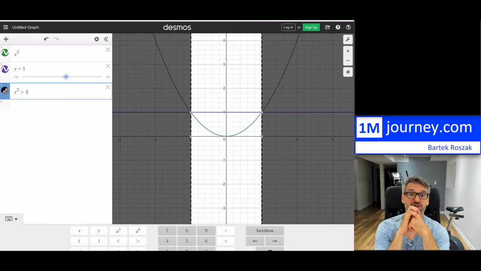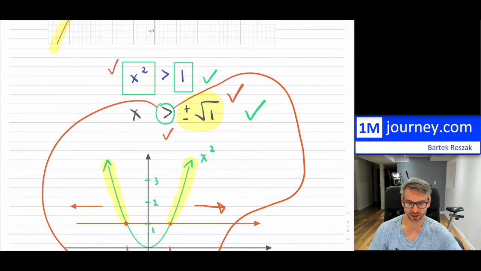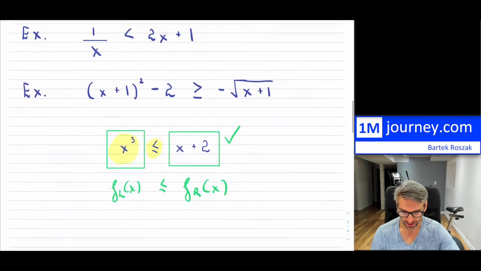So Desmos provides you these tools so that you can see. Solving them blindly, you might get the wrong idea. That's the problem with nonlinear inequalities. Unfortunately, they don't follow direct, straight rules. You have to treat values of x which are positive and negative differently than you normally would.